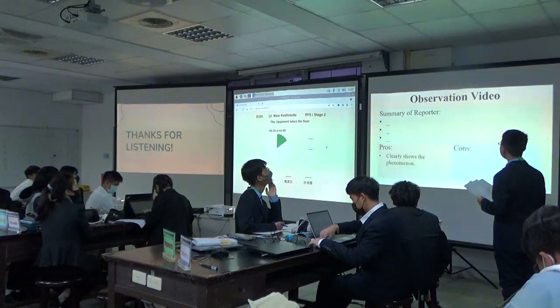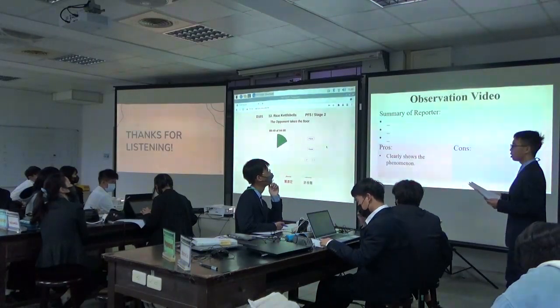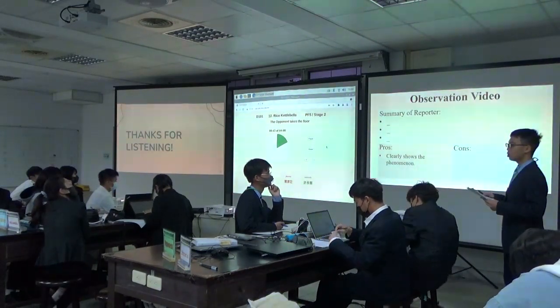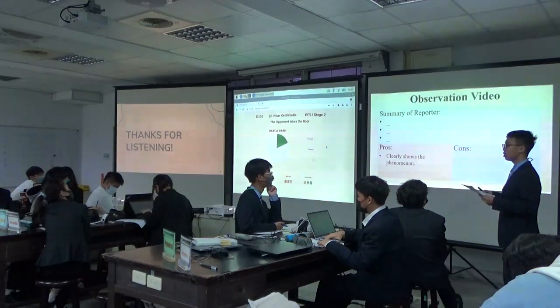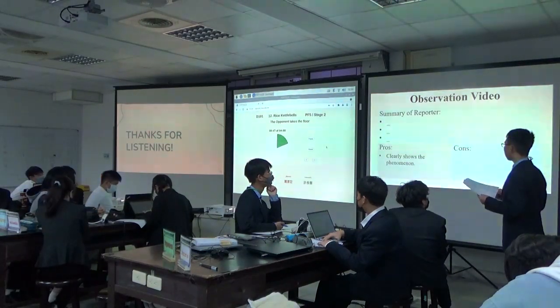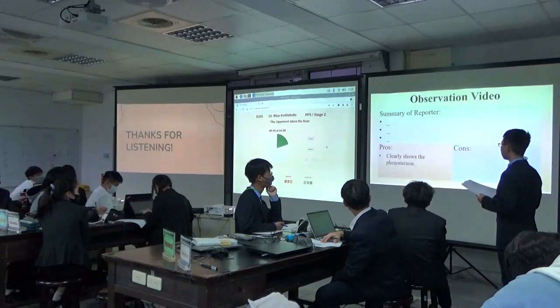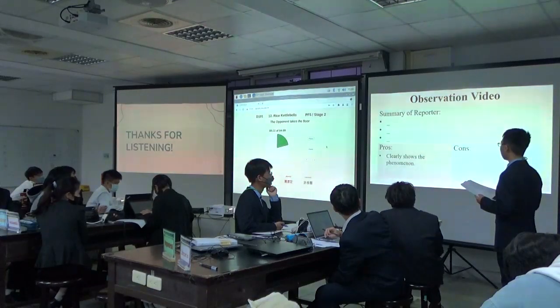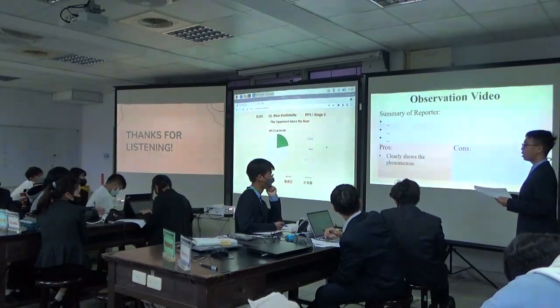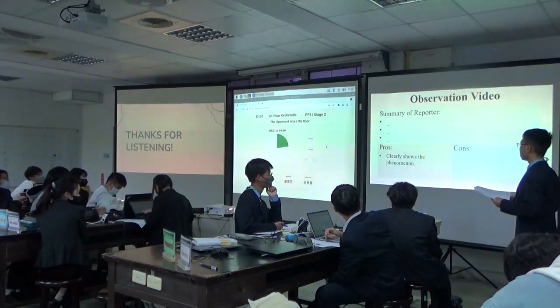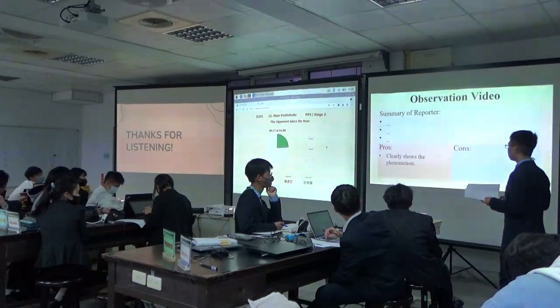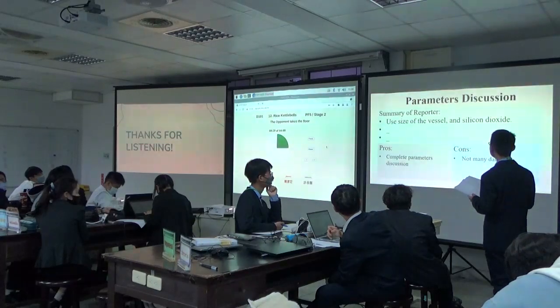The observation here is that they show the videos of the experiment, and the pro is that it clearly shows the phenomenon. But the con is that we don't know why they should press the container 2 times, which we will ask later.